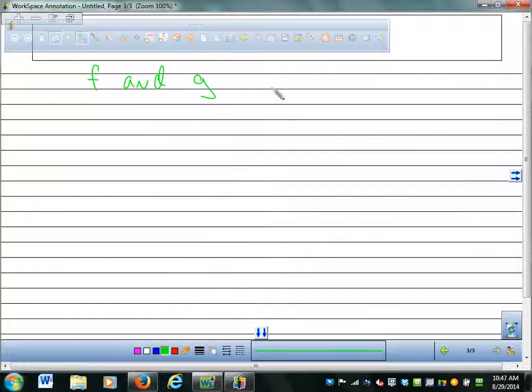F and G are inverses of each other if and only if. That means it's true in both directions. That's what if and only if means. It doesn't mean, you know, like for sure. It just means it's true backwards and forward.